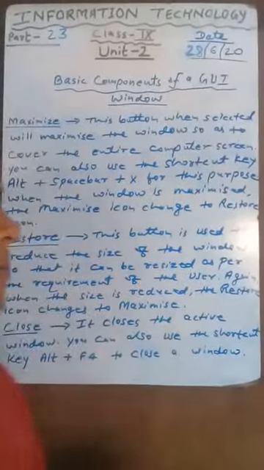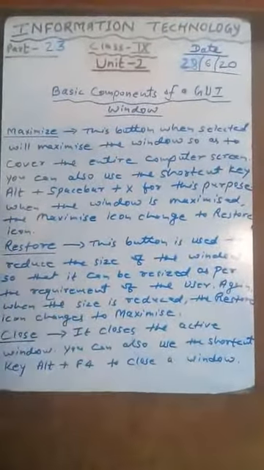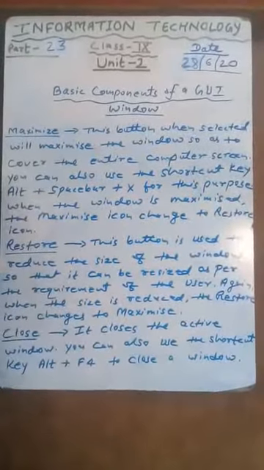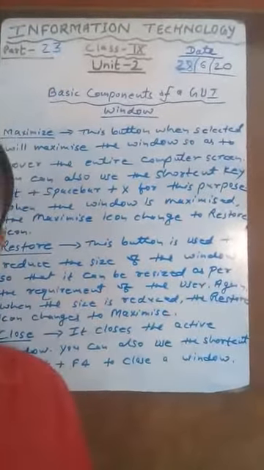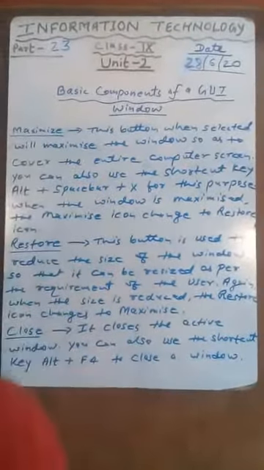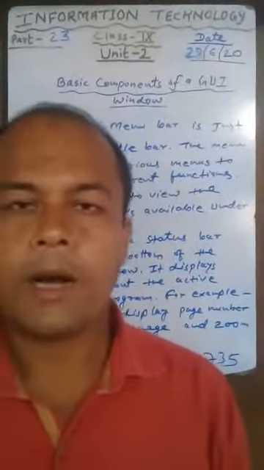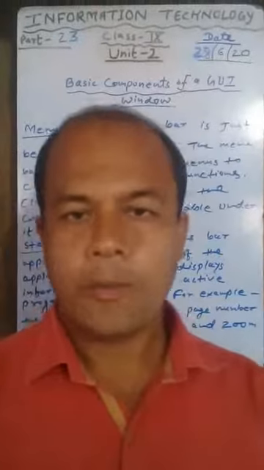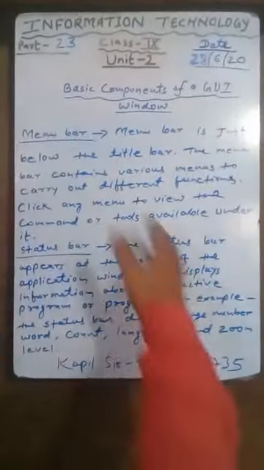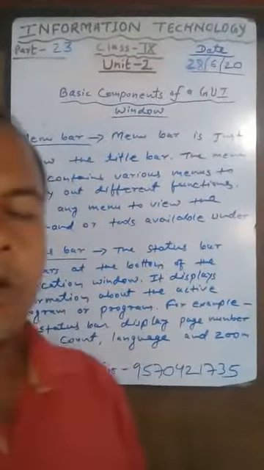Now these are the minimize, restore and close buttons. Now our next topic is the menu bar. What is the menu bar?